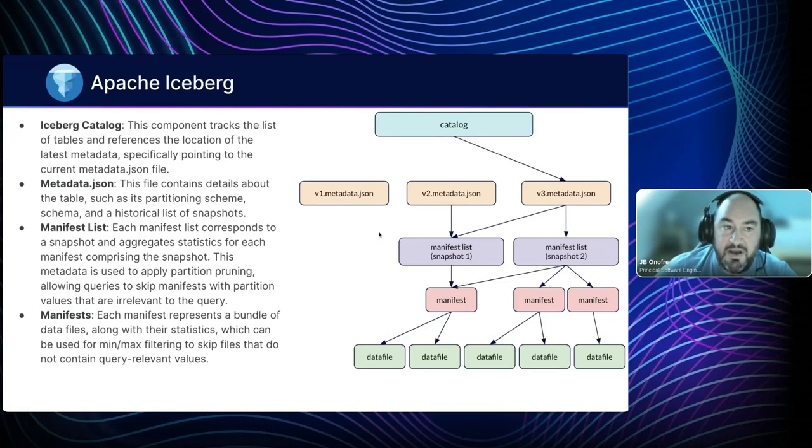On top of that, you have the Iceberg catalog. This catalog tracks the list of tables and references to their location. Basically, the catalog contains the location of the latest metadata JSON that is used for the table. This is how Apache Iceberg works.